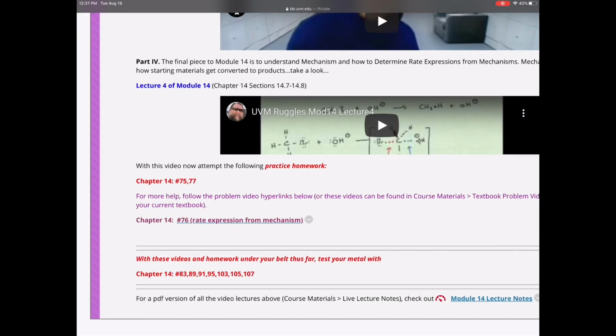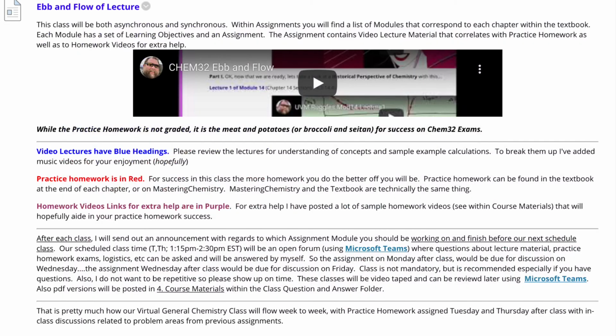So that would be our Module 14 lecture notes access. Remember, we talked about that already, that you could access that through course materials as well and live lecture notes. So that's how the assignments will be broken down in terms of those blue headings for video lectures, red headings for practice homework, purple headings for extra help in homework videos.